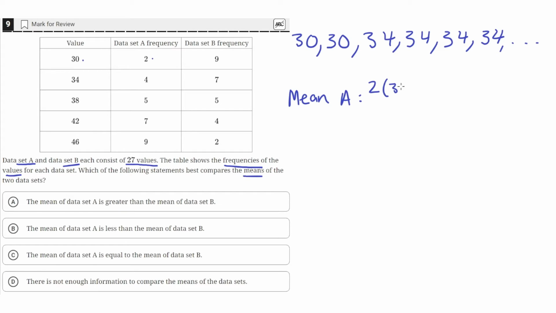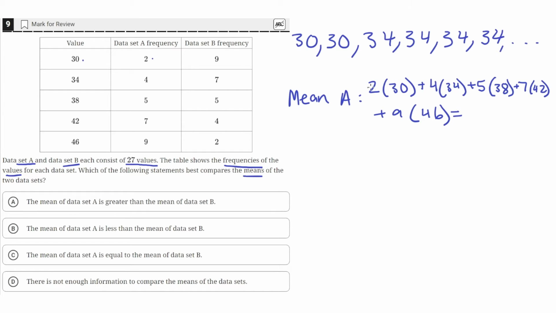2 times 30, so 2 is the frequency and 30 is the value. And since 30 occurs 2 times, we multiply by 2, and then we can add 4 times 34, plus 5 times 38, plus 7 times 42, plus 9 times 46.